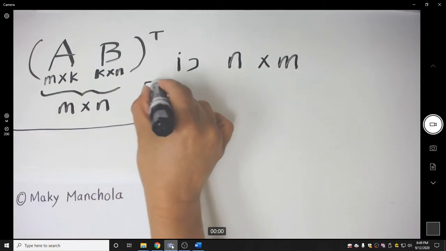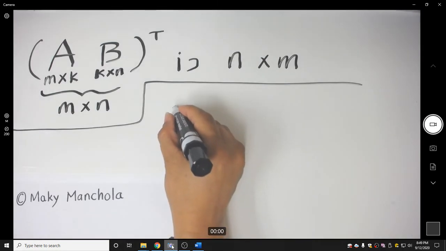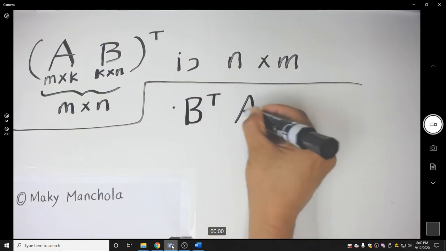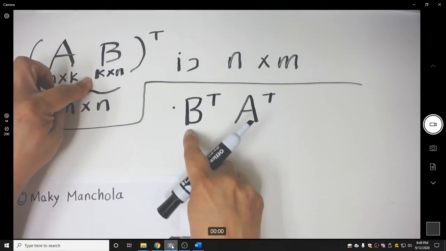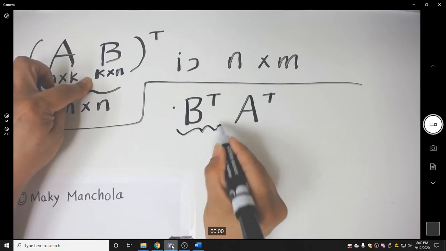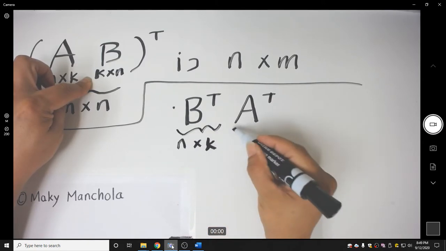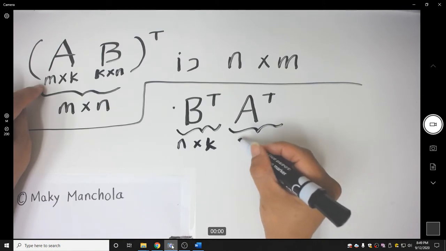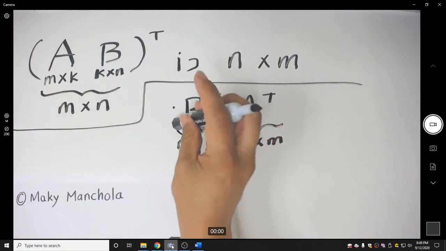Okay, now let's go and find out what the dimensions of B transpose A transpose are. So again, B is K by N. Consequently, its transpose has to be N by K. The dimensions of A are M by K, so its transpose is K by M. So now we're multiplying two matrices.